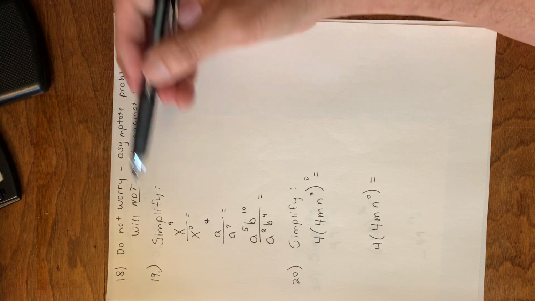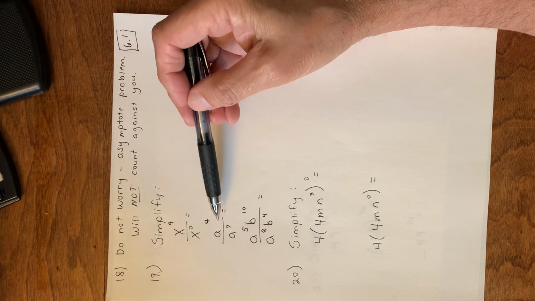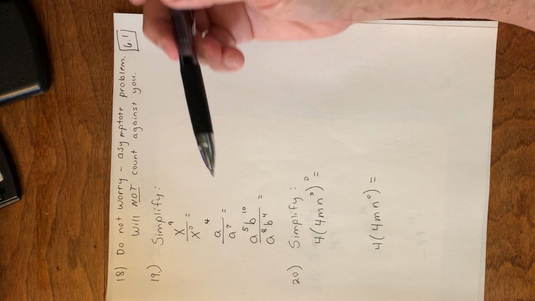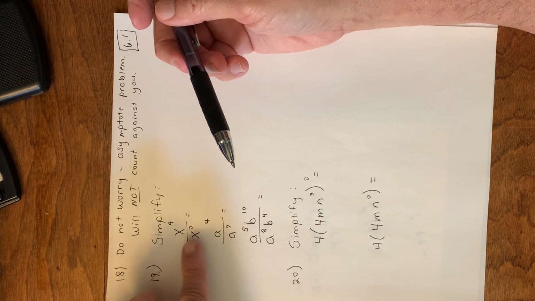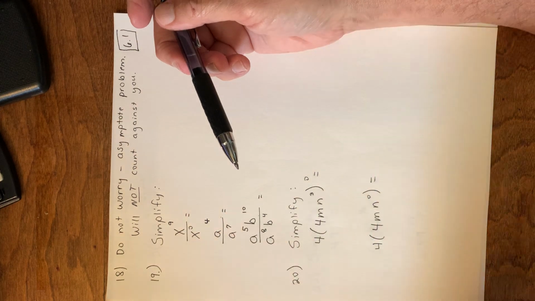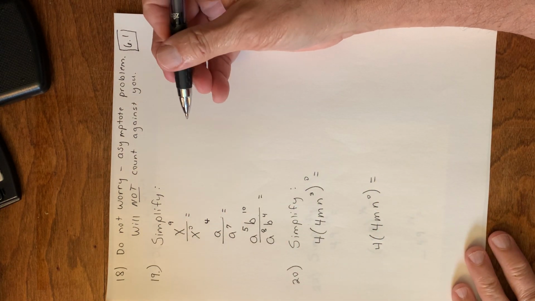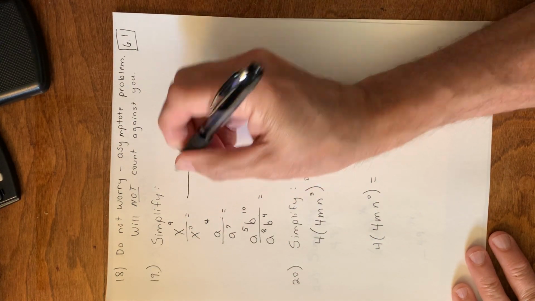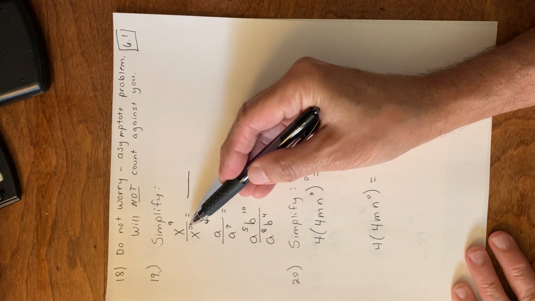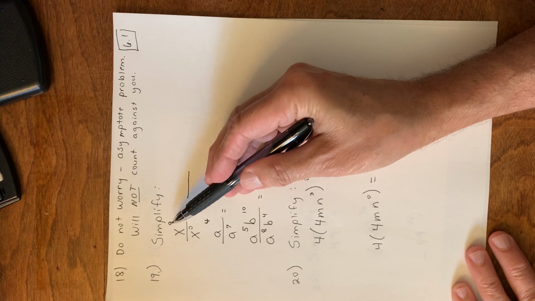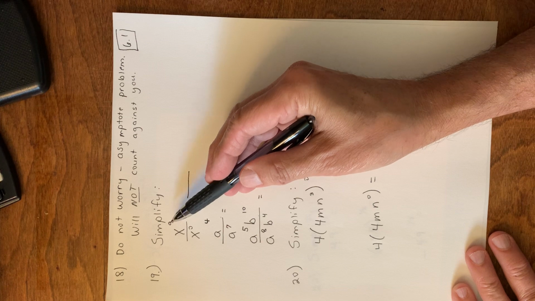Properties of exponents. Number 19 deals with what we call the third property of exponents, when I have the same base, top and bottom, in a fraction. And I'm assuming you remember what to do. I subtract the smaller exponent from the larger, wherever the larger happens to be.